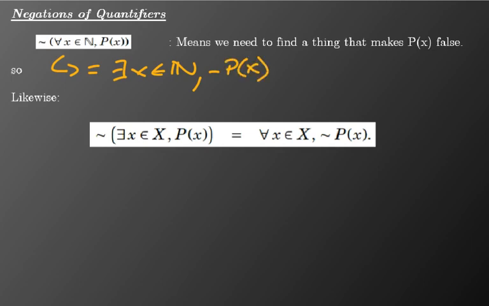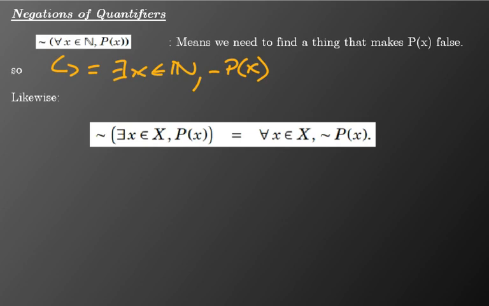In order to negate this thing that has to work for all these numbers, it's basically sufficient to just get a thing where it falls apart. It's basically a counterexample is how I think of it.